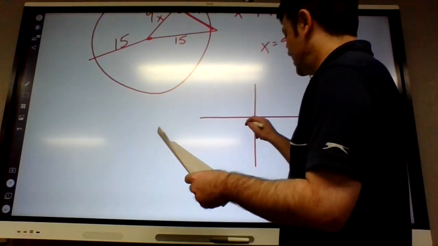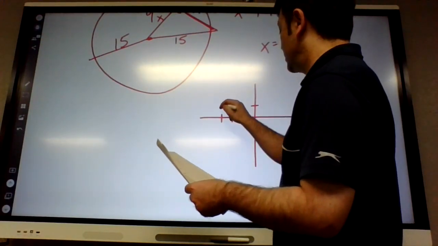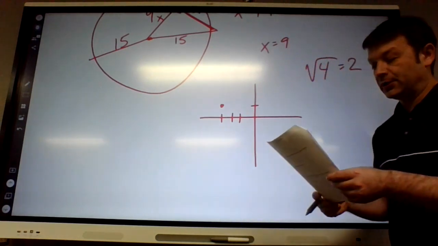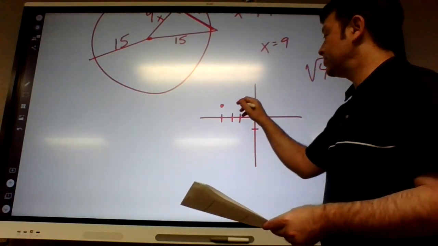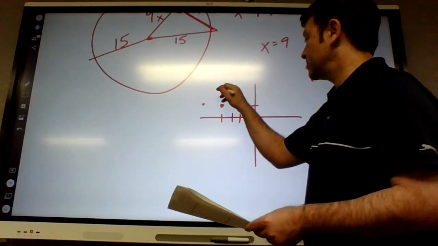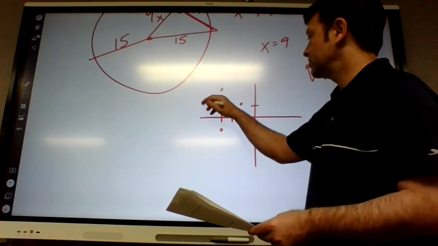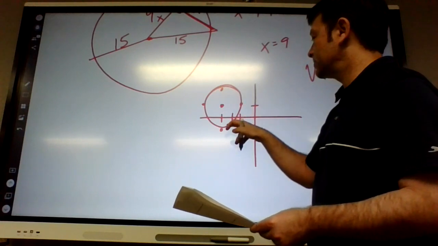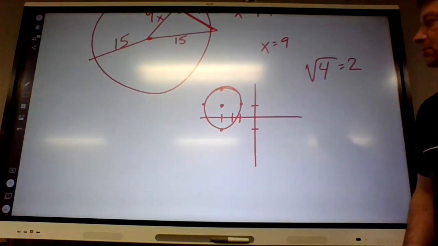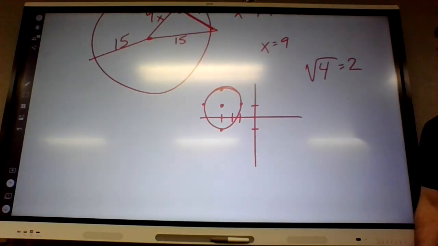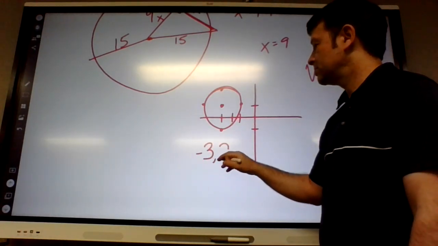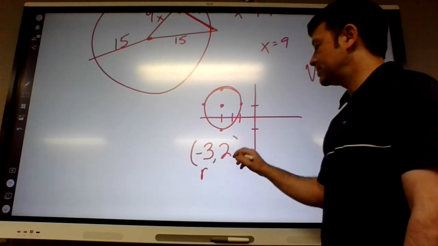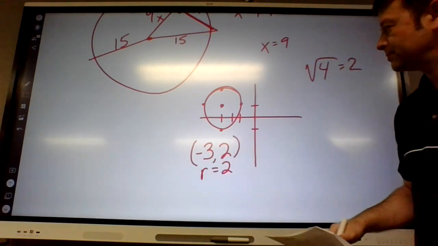So on your graph, you just go to like -3, 1, put the center, and then you go out 2 in all directions to help you draw a circle. So it looks kind of like that, except for better. -3, 2 is the center, and the radius is 2.